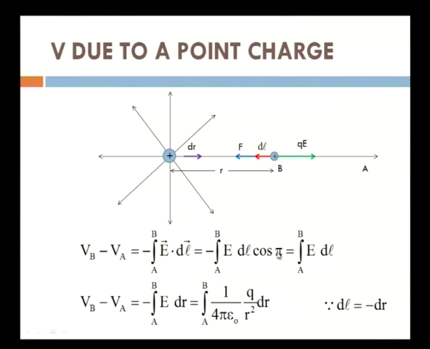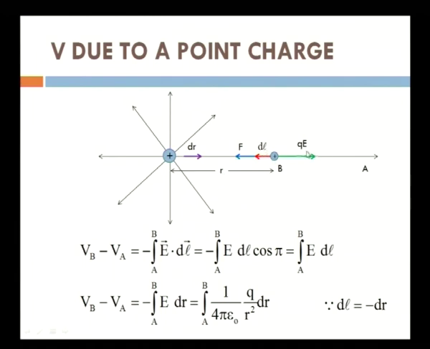So, we have to write the cos theta for it. Here the theta is pi because that is the angle between the electric field and the displacement vector. In the simplification, cos pi, cos 180 is minus 1. So, minus of minus becomes plus here, and one more replacement is required.